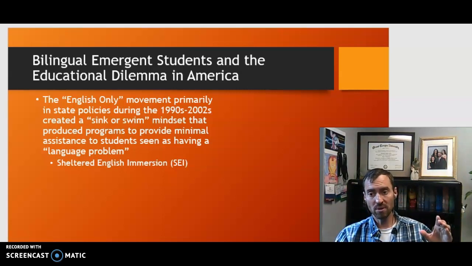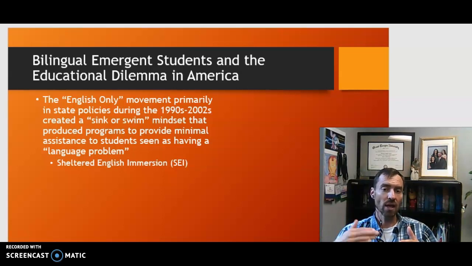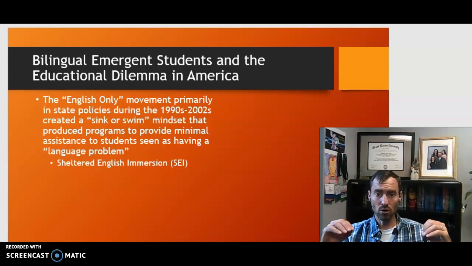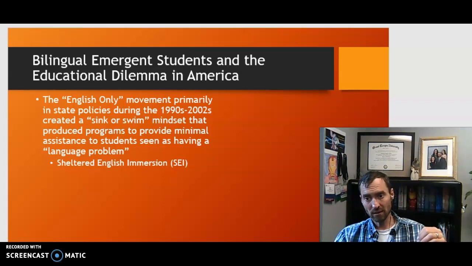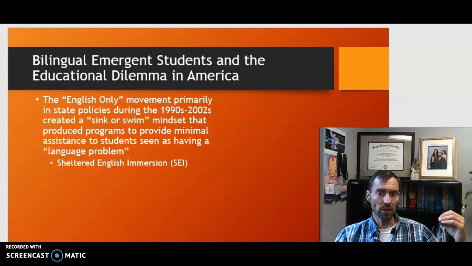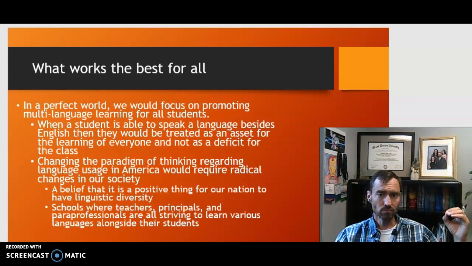And then school leaders said, well, how do we do that? How do we teach that in a good way? And these programs emerged from it. So there are good things in a program like SEI, Sheltered English Immersion, but it came out of a bad idea. And that's where I struggle with something like SEI, where it came from English-only policies.